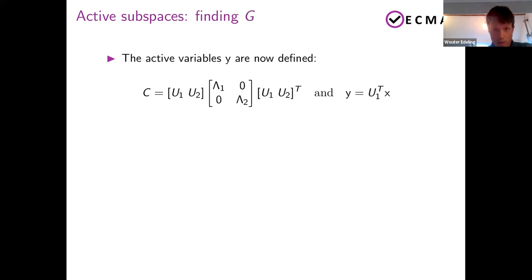So with this, you have defined your active subspace, again this linear projection. And now we know that U1 are the dominant eigenvectors of this C matrix. And in the same vein, you could define inactive variables. It's just U2 transpose times x.